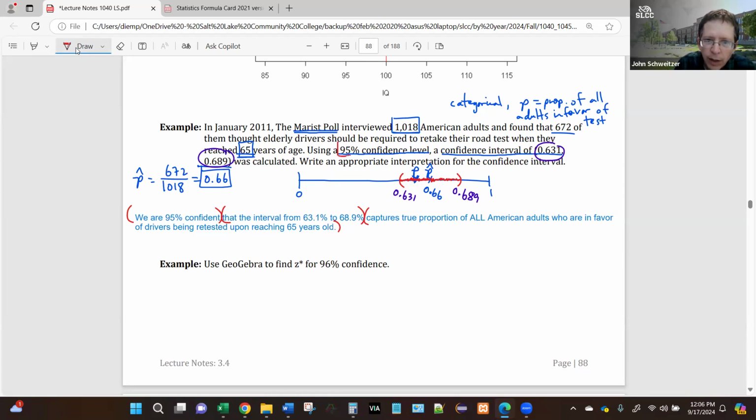They'll tell you the confidence level, and very often it's 95%, and then they'll tell you what the margin of error is. So these confidence intervals are used everywhere. Political scientists love them, but they're used in medical research, they're used in economics, they're everywhere. So very, very important inference technique here.